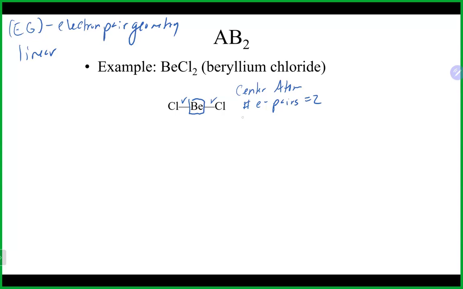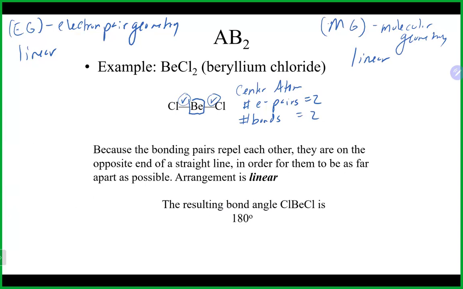When we count this, we also want to count the number of bonds. And when we have one bond and two bonds, something with two electron pairs and two bonds, the molecular geometry is also going to be linear as well. So both the electron pair geometry and the molecular geometry in this case are going to be linear.